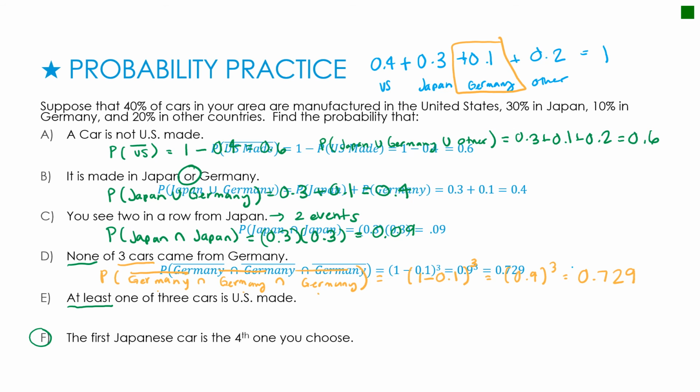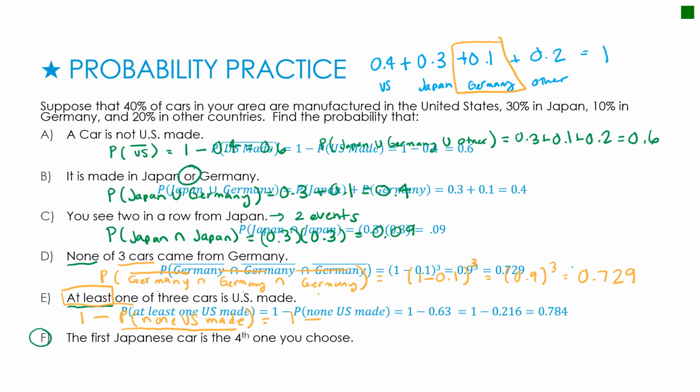Next one, again, this is an at least question. At least are a little bit tricky. It says at least one of the 3 cars is US made, which means I'm taking 1 minus the probability that none are US made. So that's the calculation I'm going to do. I'm going to take 1 minus, now what's the probability that none are US made? Well, if it's US made, it's 0.4. And if it's not US made, it's 0.6.